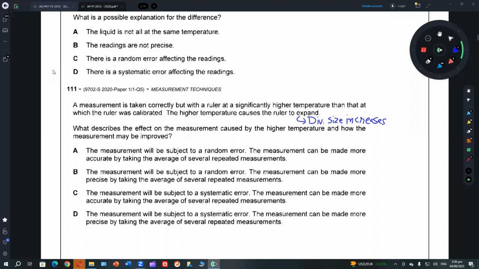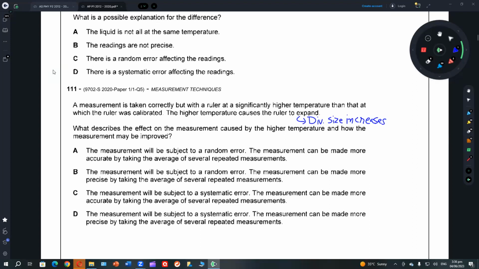So maybe expansion increases it to 1 millimeter, maybe expansion increases the division size by 2 millimeter. The measurement will be subject to a random error. The measurement can be made more accurate by taking the average of several repeated measurements. The theory is right, but we have to decide, is it a systematic error or is it a random error?